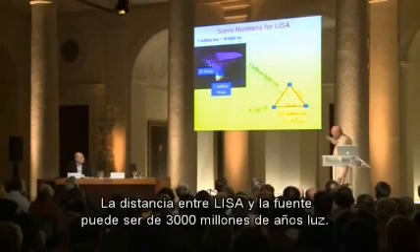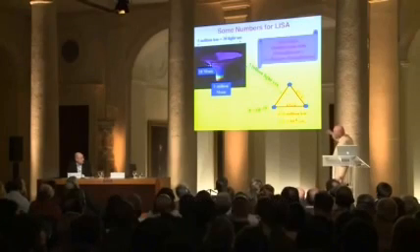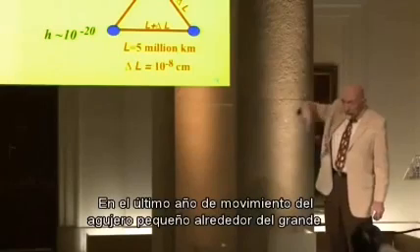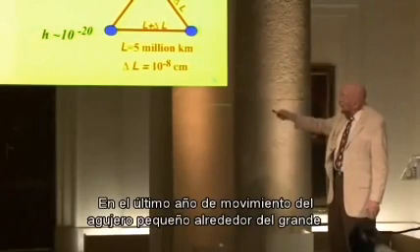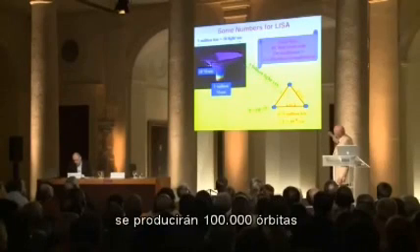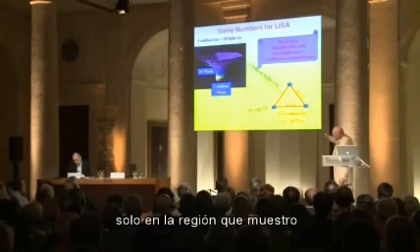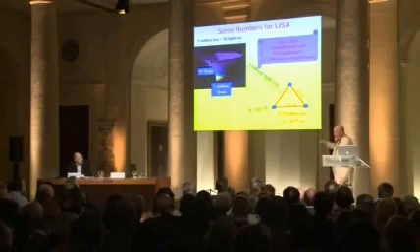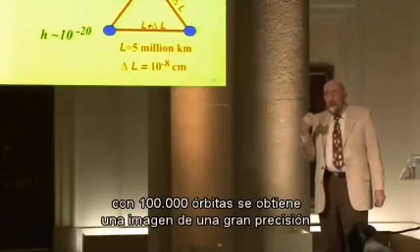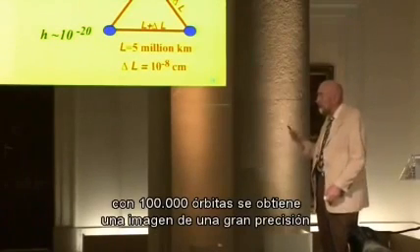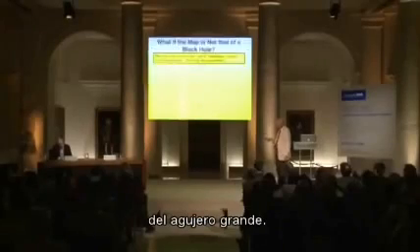The distance between LISA and the source may be 3 billion light years. And in the final year of the motion of the small black hole around the large hole, there will be 100,000 orbits in just the region that I'm showing. With 100,000 orbits, you get a very high precision picture of the big black hole.